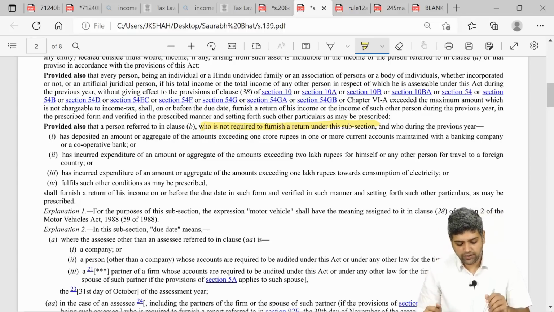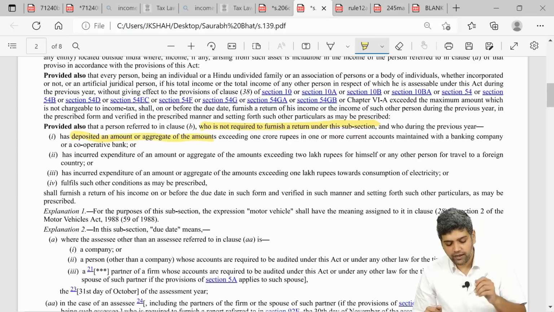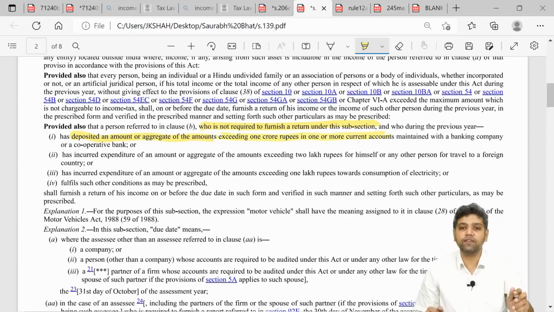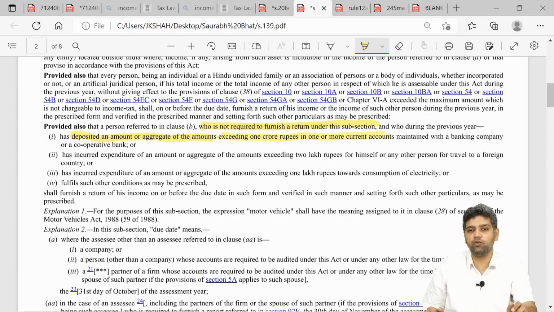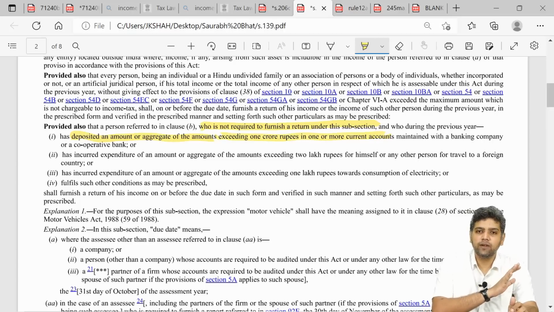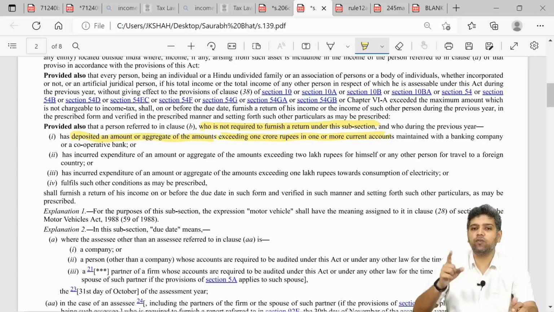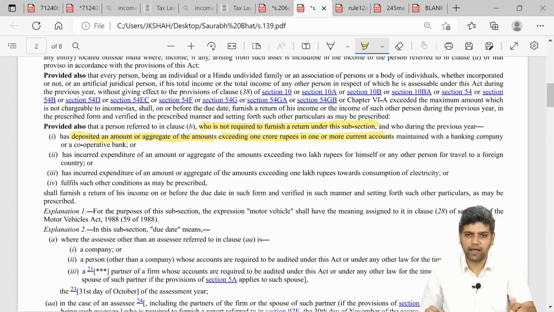What are these 4 conditions? First is you have deposited an amount exceeding 1 crore rupees in any one or more of current accounts maintained by you with any bank. So let us say Mrs. Sudha, her income is 2,10,000, but she has deposited 1 crore 1 lakh in some current account of a bank.